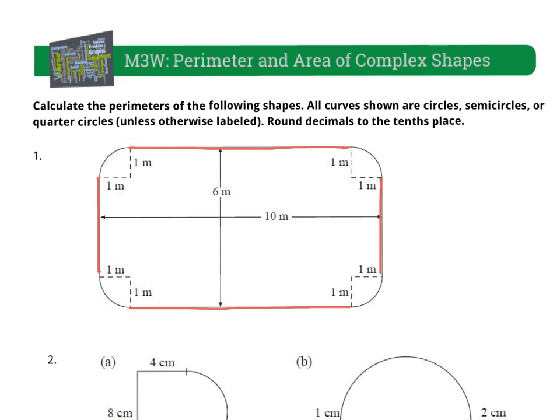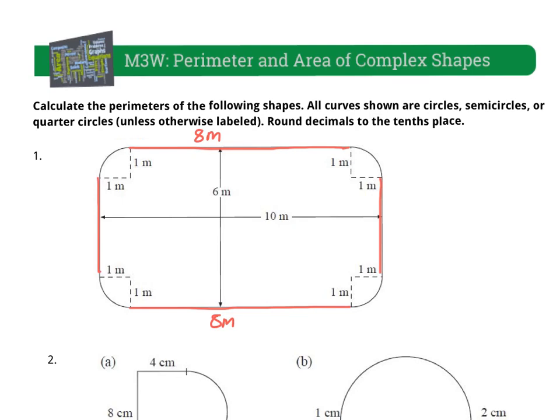So for example, I know that the distance across the center of this rectangle, so sort of the longer width, is 10 meters. I also know that these corners, little rounded parts of the corners, are 1 meter by 1 meter. So that tells me I can subtract, and if I take that 10 meters and I take away the 1 meter on one end and the 1 meter on the other end, that should leave me with 8 meters as the length of that long side.